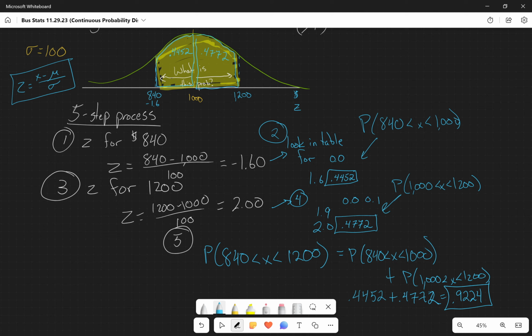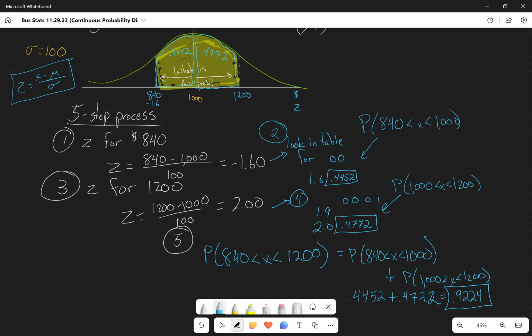Given how much of the area under the curve is highlighted between 840 and 1,200, it does make sense that about 92% of the area under the curve is being covered within that range. Similarly, in number 2 and number 4, since those are fairly close to the entire left half and right half, respectively, I would expect those to be closer to 0.5 than not.